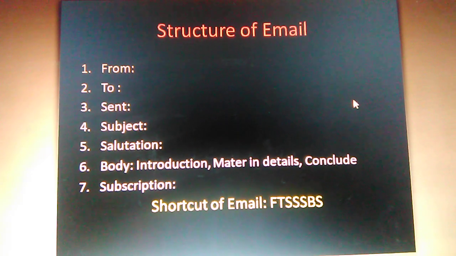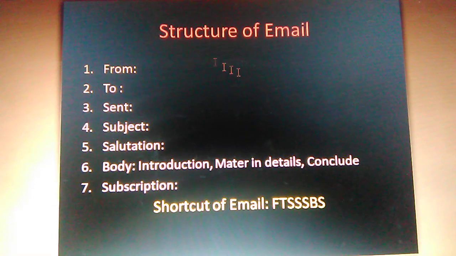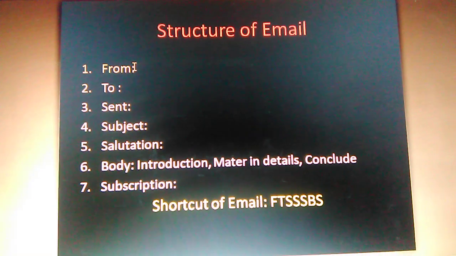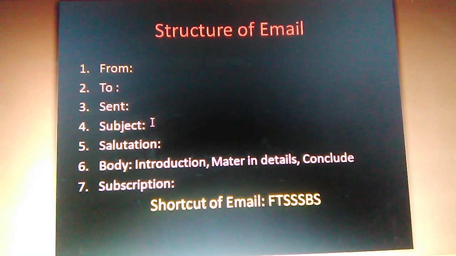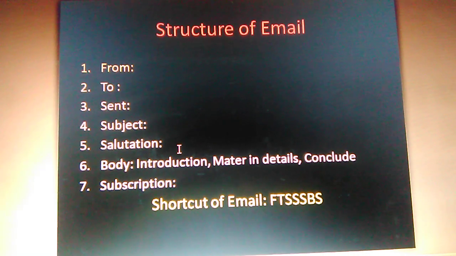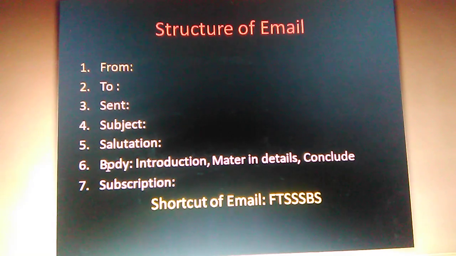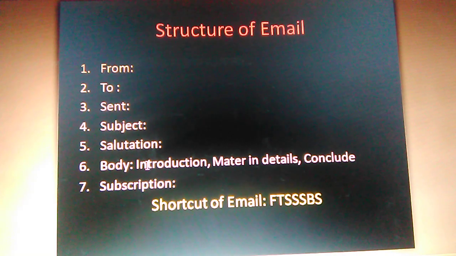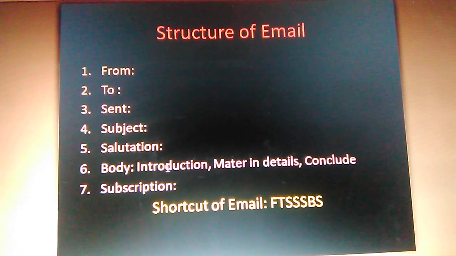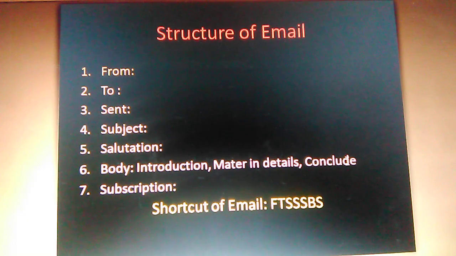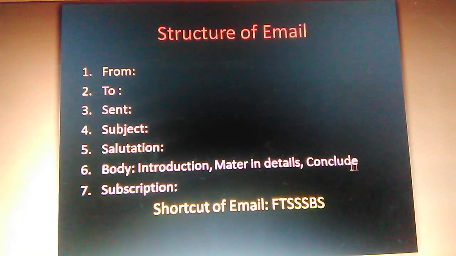The structure of email writing: there will be from, then to, then send, then subject, then salutation, then body. Body will include three topics: introduction, matter in details, and conclusion or concluding line.